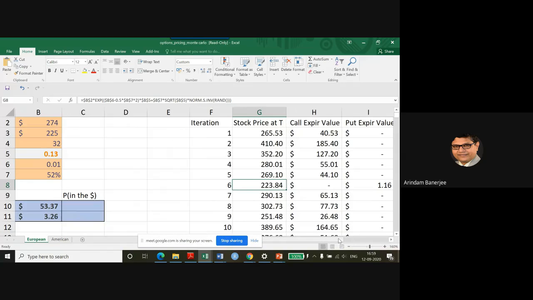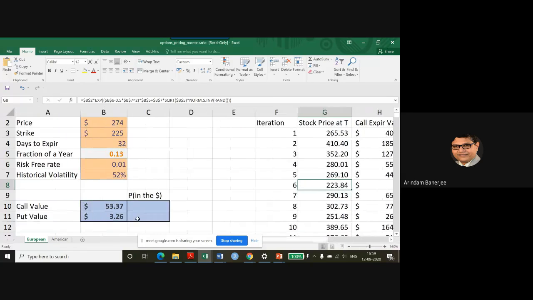And then what we did, we took an average first and then calculated the present value. So e to the power minus rt, where b6 is r and b5 is t, into the average of this call expiry value.